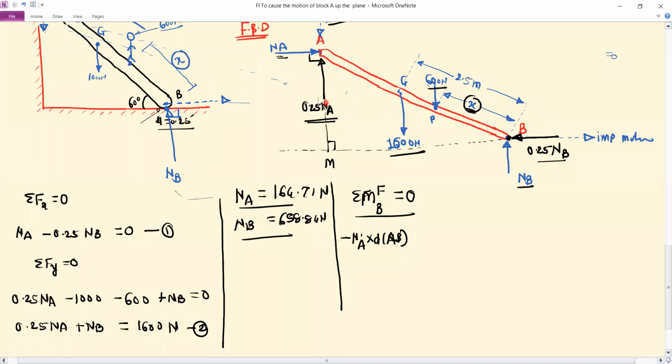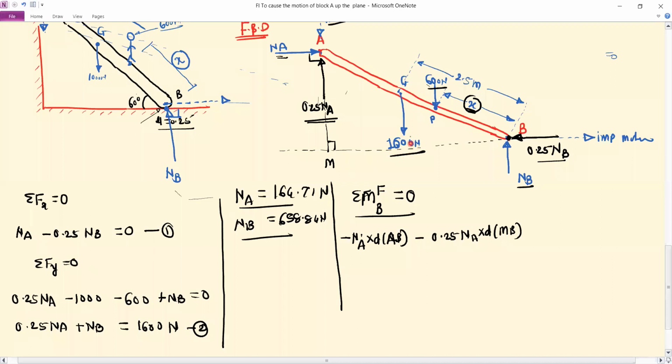For the 0.25 NA, this is the line of action, and this is the perpendicular distance, that is the distance MB. So moment will be 0.25 into NA and distance MB. This moment is also clockwise about the point B, so it is negative.